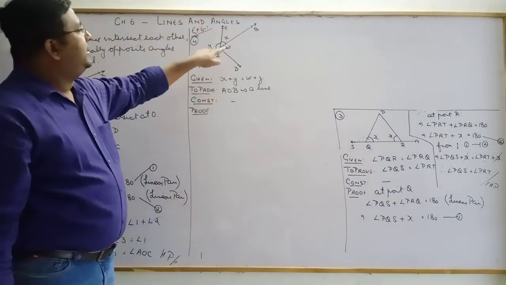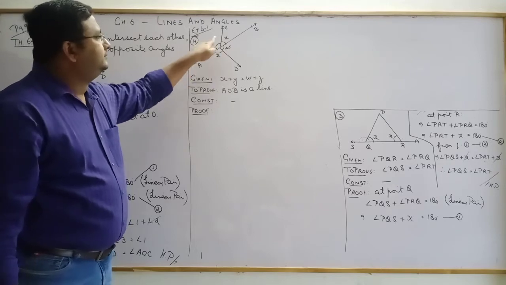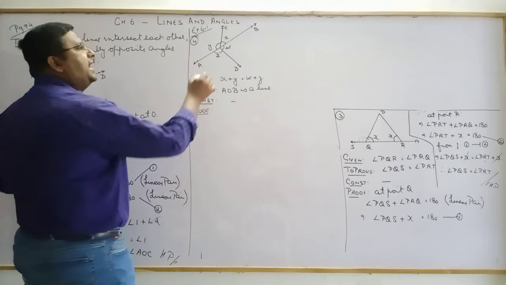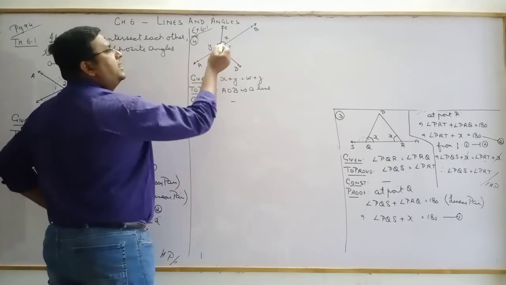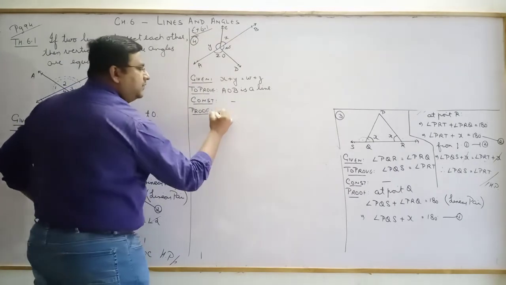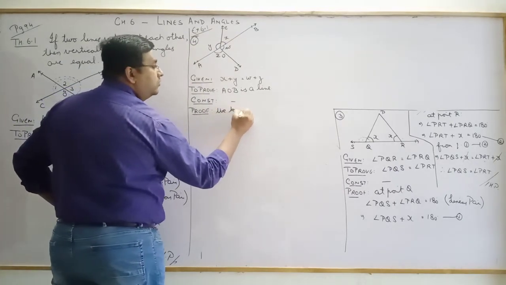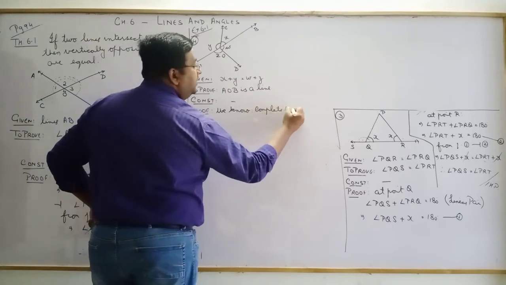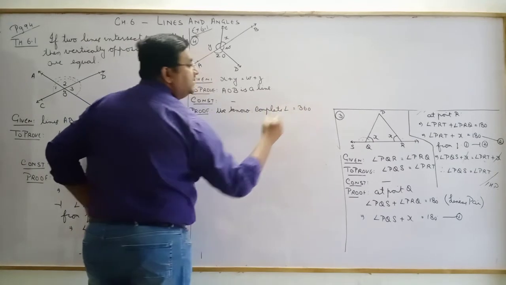How? To check, is it a complete circle? Yes or no? So what will be the sum of all these angles we have studied in a complete angle? x plus y plus z plus w will be how much? 360, sorry. We know a complete angle is equal to 360 degrees.